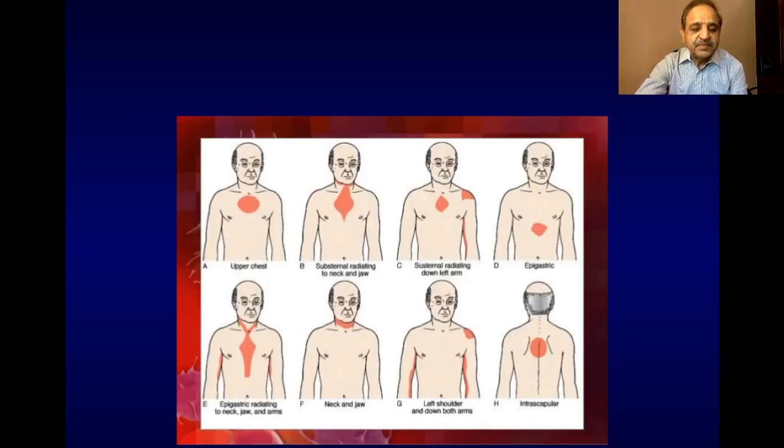You can see the patient is having pain on the left side behind the sternum, then radiating to the neck, then the pain radiating to the neck and left shoulder, atypical pain in the epigastrium, and then pain behind the sternum and in the neck, pain only in the neck, left shoulder and inner side of the arms, and sometimes rarely in the back of the chest, because if the patient has pain in the back of the chest, it is usually a case of dissecting aneurysm of the aorta.